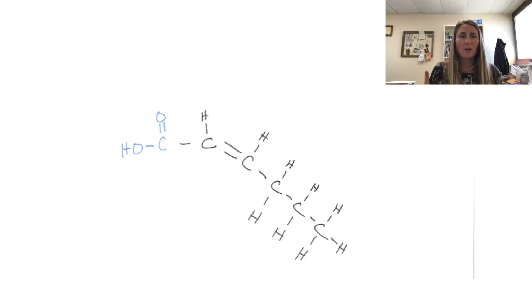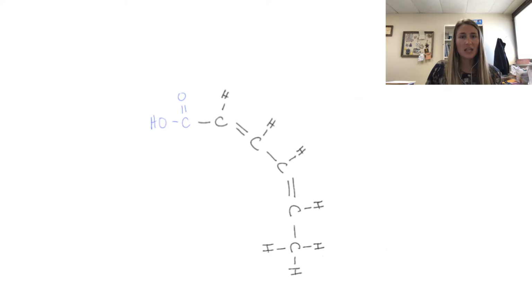Okay, so in an unsaturated fatty acid, it is not a straight chain. There's somewhere in there a bend. If it is a polyunsaturated fatty acid, we see many bends in that chain, okay? All right, so again, let's continue talking about that unsaturated fatty acid.